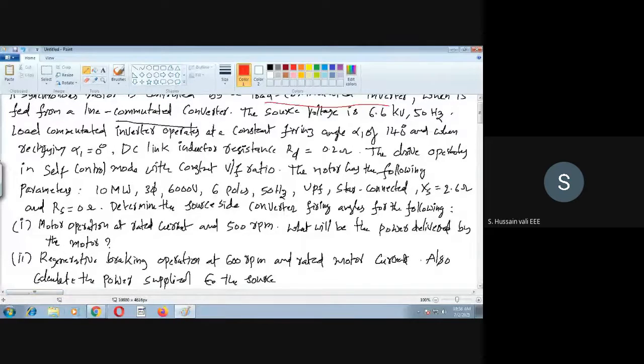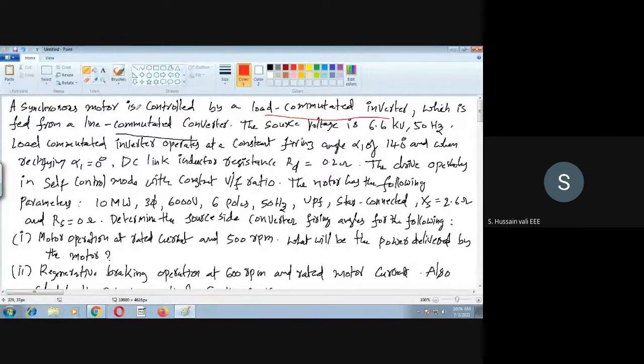Okay. So now you see, the question is that a synchronous motor is controlled by a load commutator inverter, which is fed from a line commutator converter. The source voltage is 6.6 kilovolt, 50 hertz. So source voltage he has given. The load commutator inverter operates at a constant firing angle alpha 1 of 140 degrees. That's important: this is constant and fixed.